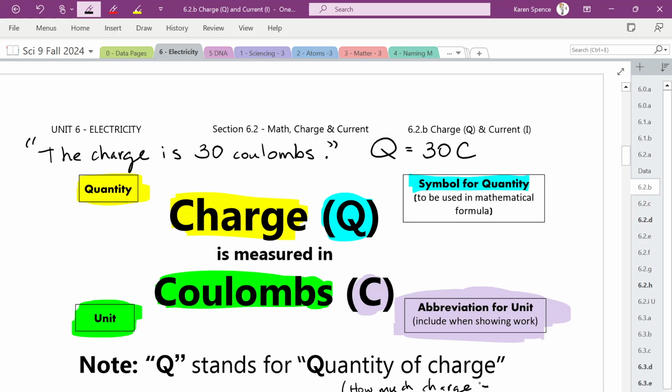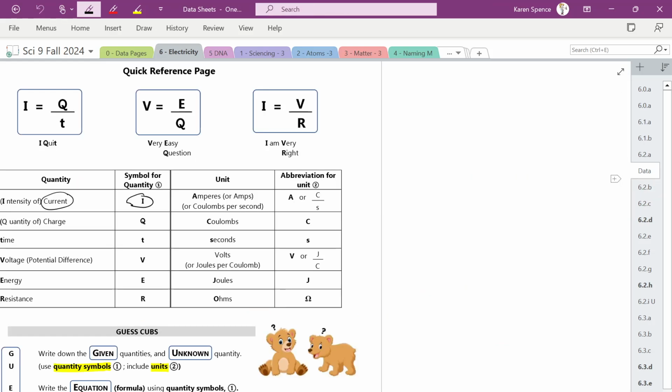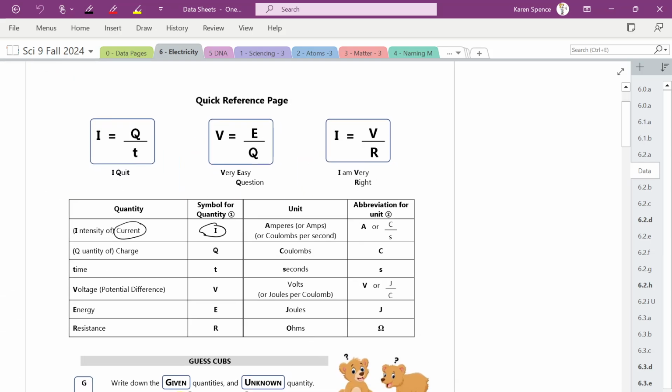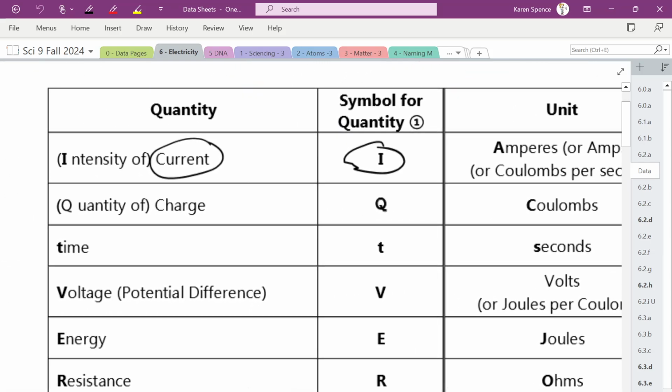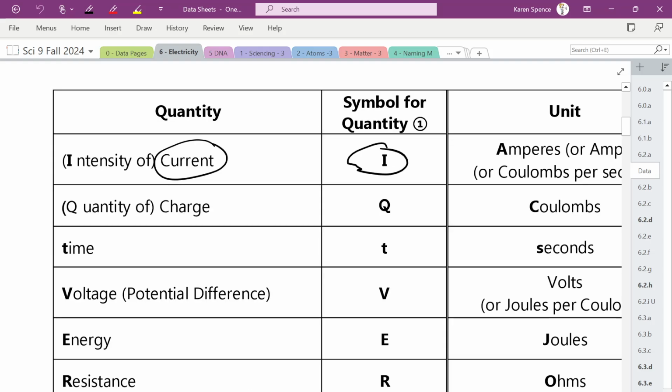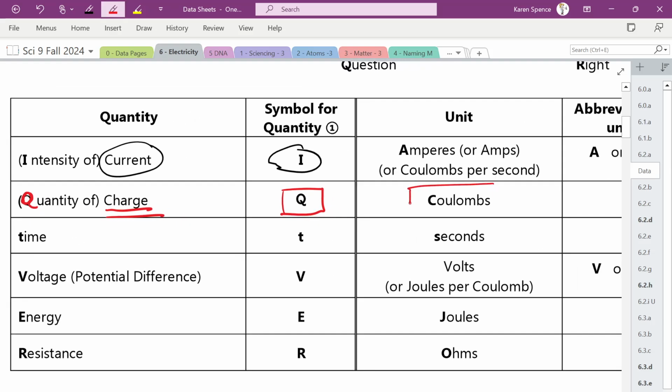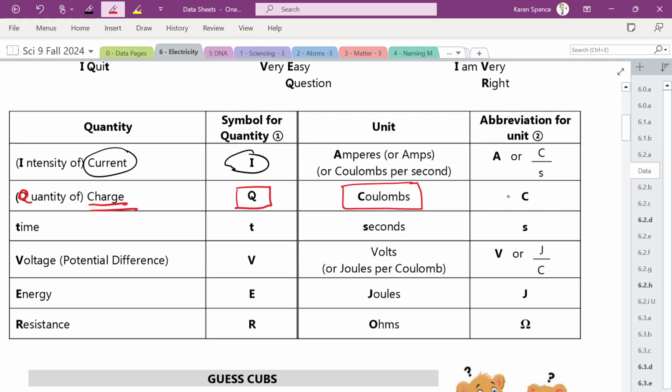Now, do you have to memorize this? No, you don't, because if you look on your purple sheet, we have this little table here, and it says the quantity of charge is symbolized by the letter Q. The unit is the coulomb, and we abbreviate that as C. Okay, so that's all listed for you if you forget.